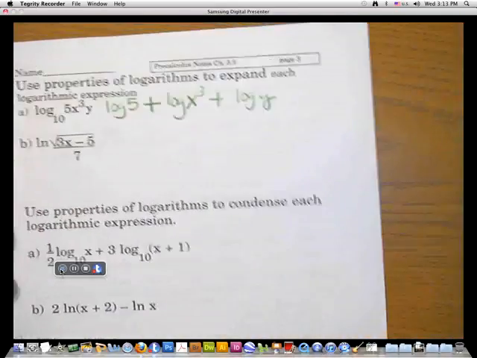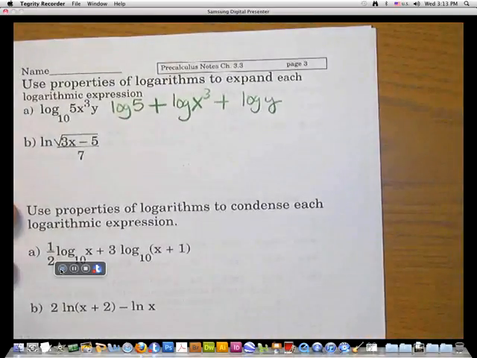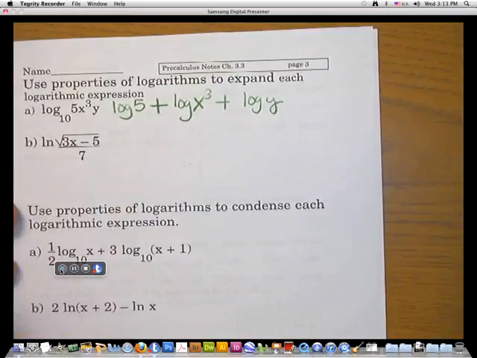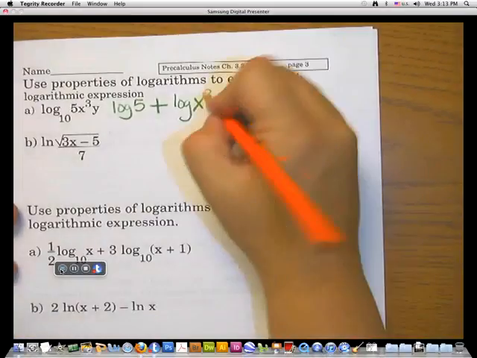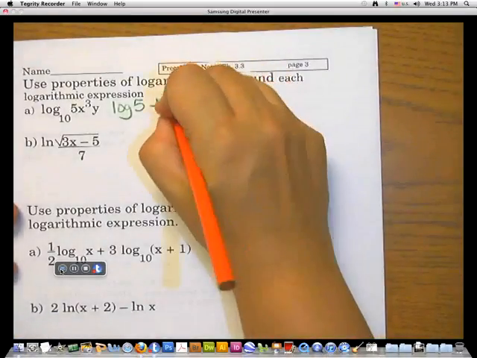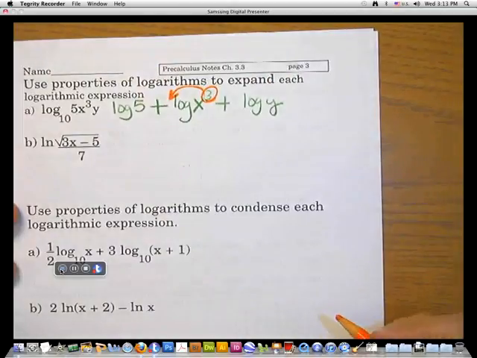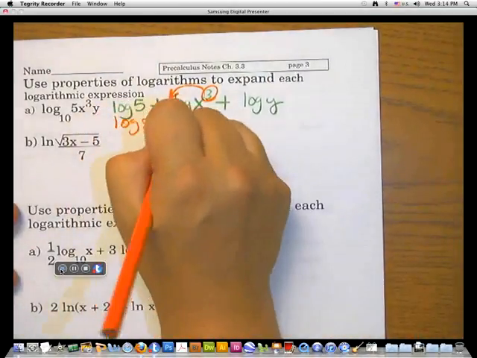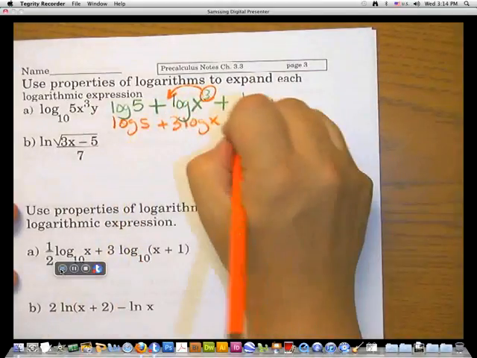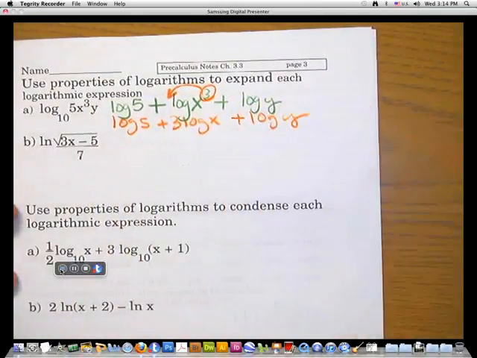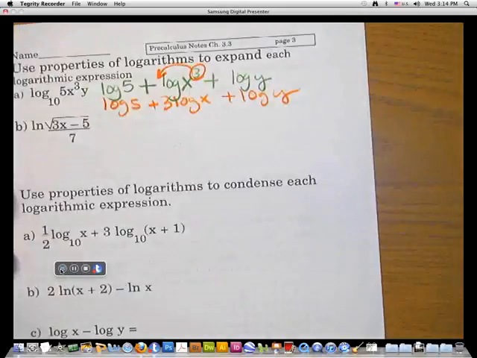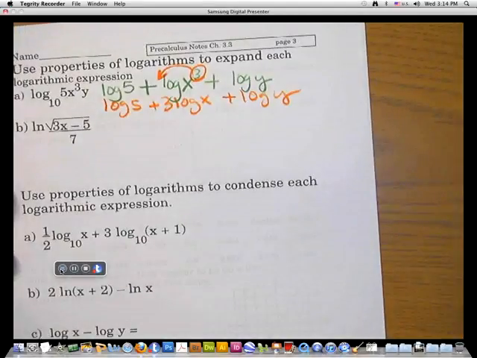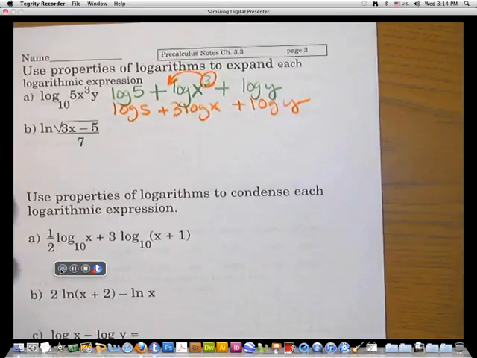The way that we would clean this up is that we would take that 3 as an exponent and we would move it as a coefficient. So we would say log 5 plus 3 log of x plus log of y. The 3 is only attached to the x, so the 3 can only be the coefficient of the log x. It cannot go to the 5 or the y.